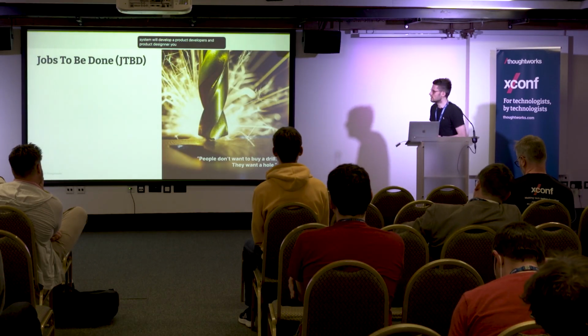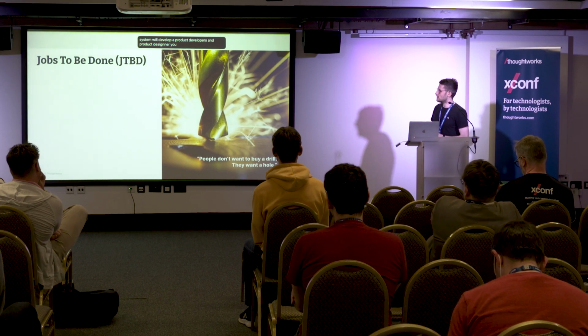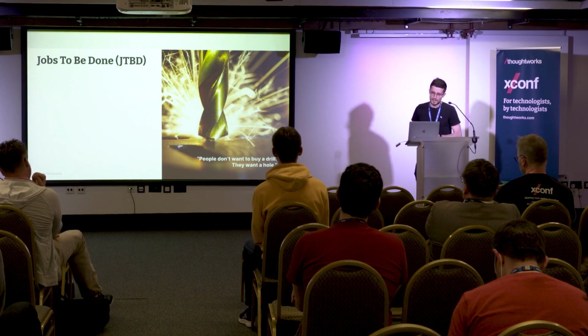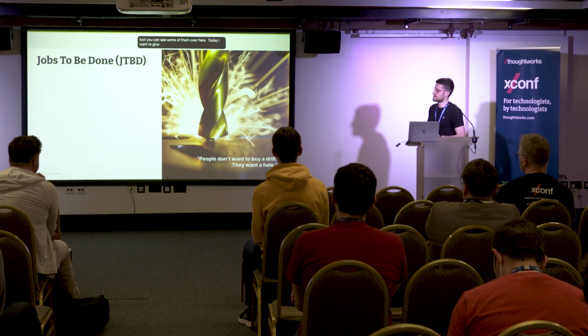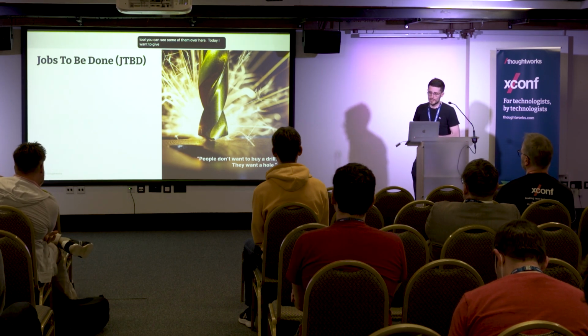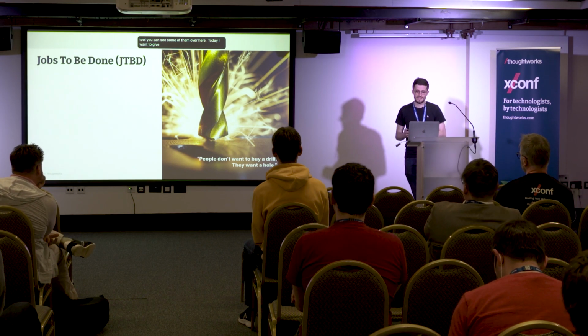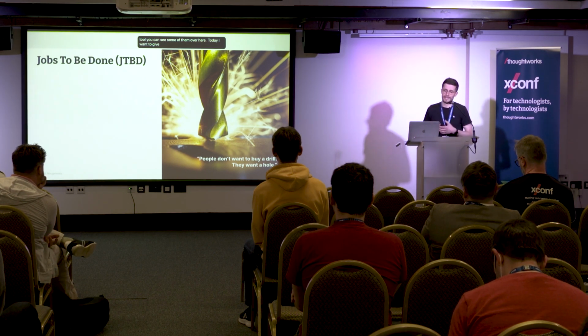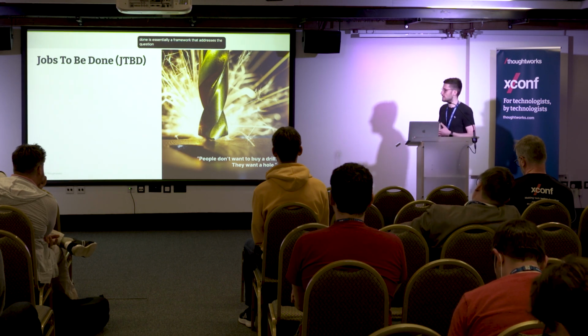Today, I want to give you an example using jobs to be done. Jobs to be done is essentially a framework that addresses the question about how you build something that customers want.